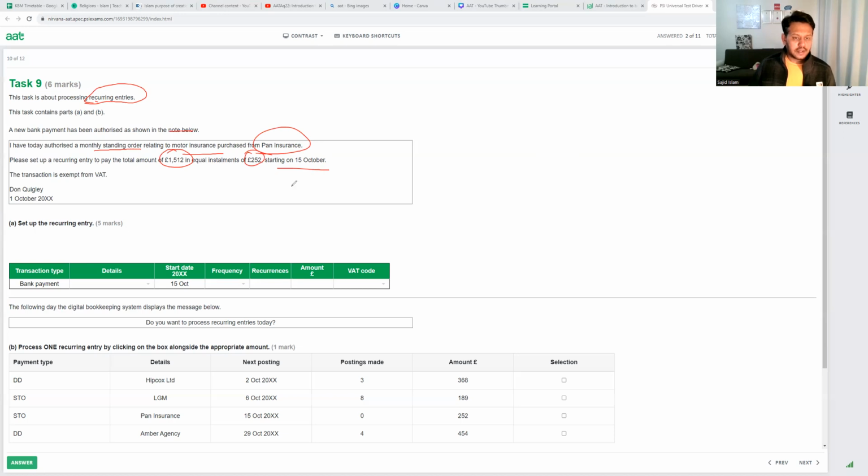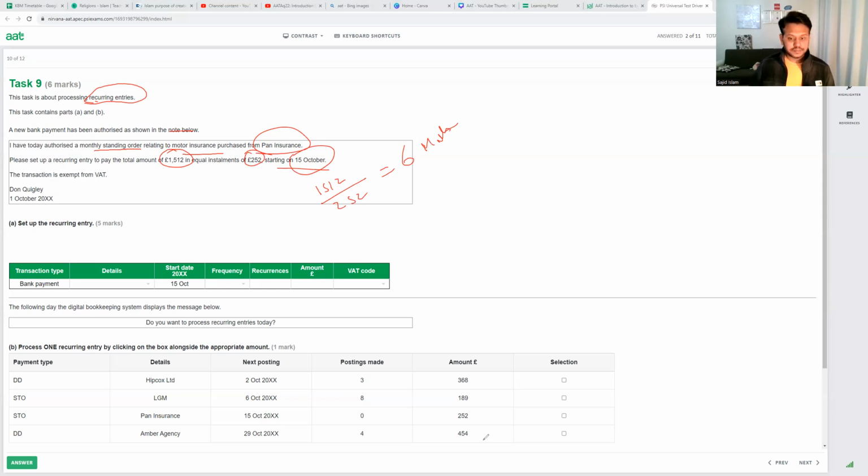So every month we are paying 252. For how many months? 1512 divided by 252 is 6 months. Six months is important to know, for how long I'm going to set up the standing order. Starting from 15th October, then 15 November, 15 December, 15 January, it will carry on for 6 months. The transaction is exempt from VAT, no VAT.